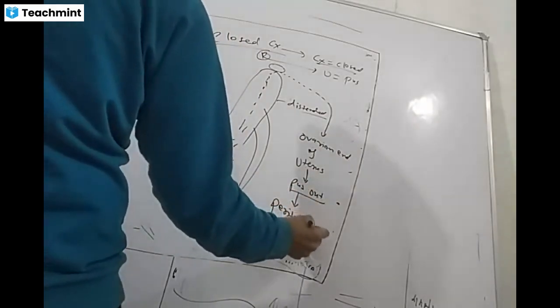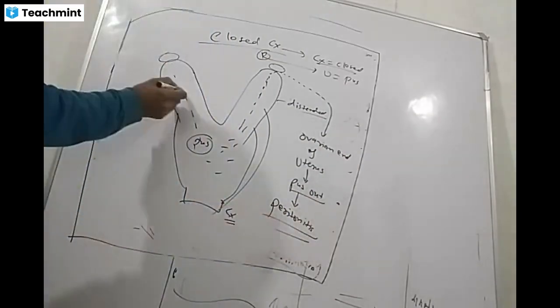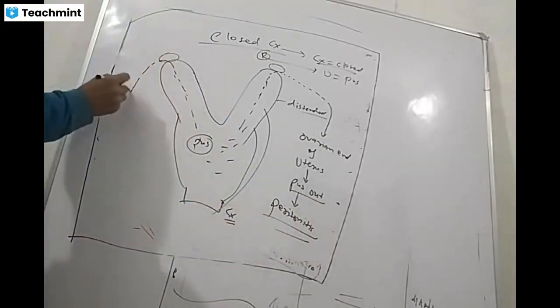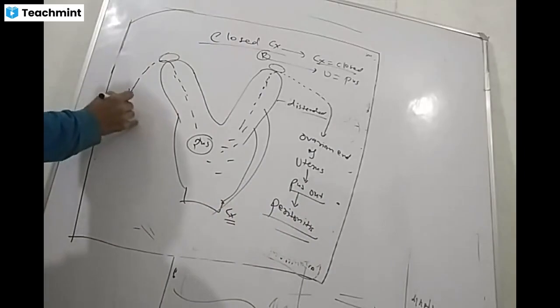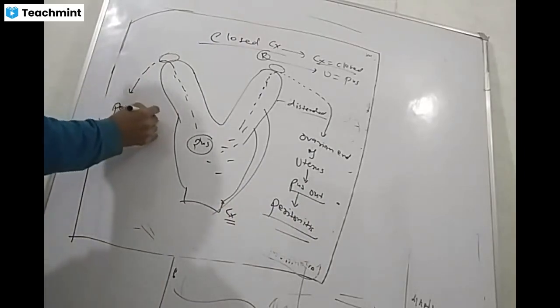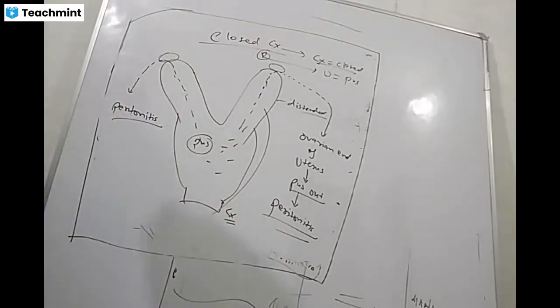That may lead to peritonitis. From this side also, pus may come out into the peritoneal cavity and that may lead to peritonitis.